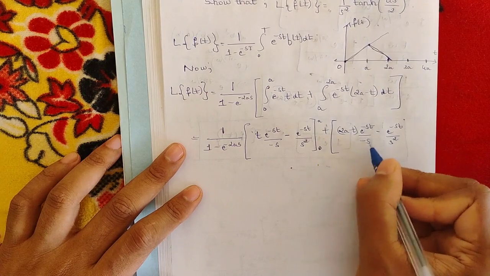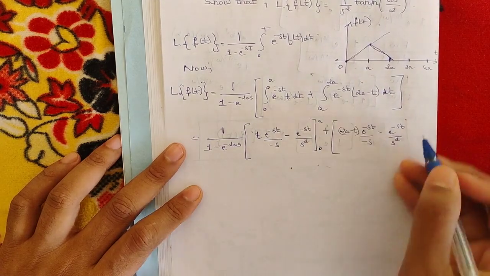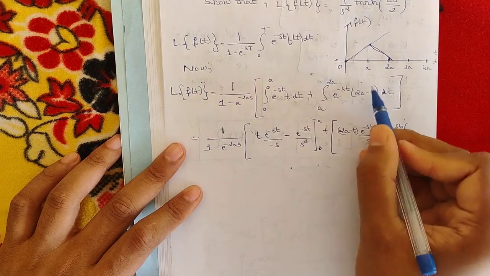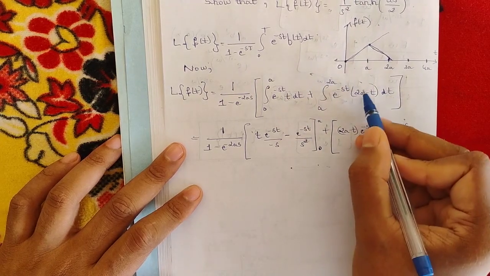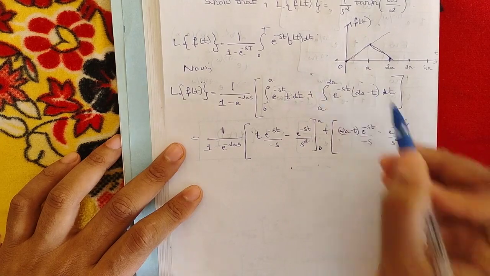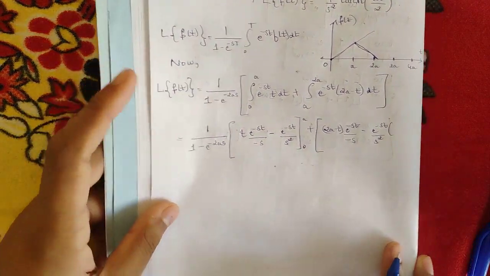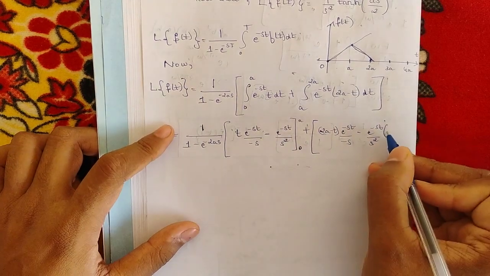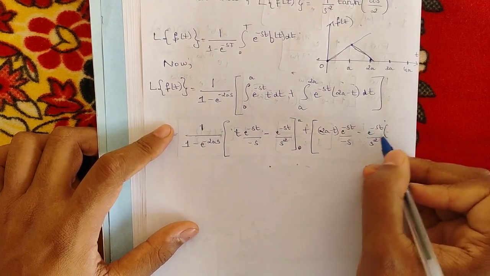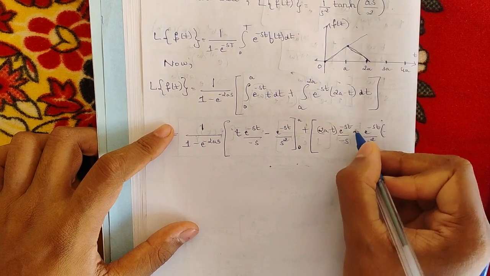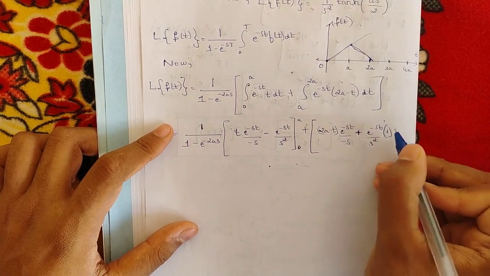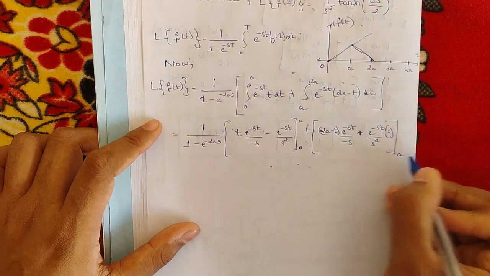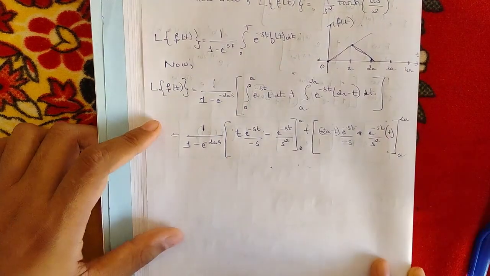This is actually minus s the whole square, so that is equal to s square only, into the differentiation of the first function with respect to t. Here we don't have any t term, so differentiation of minus t is equal to minus 1. If you multiply minus 1 here, minus into minus is plus, that is equal to plus 1. Okay, so the limits are here from a to 2a.